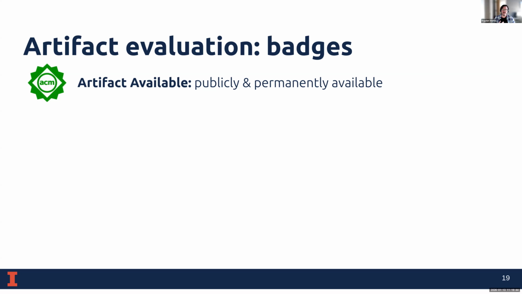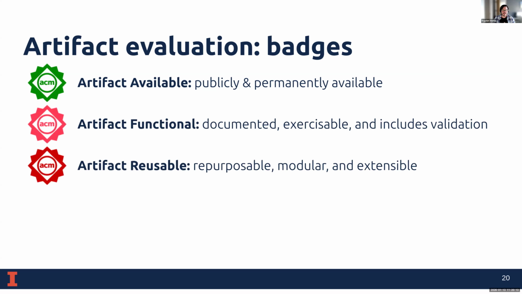There might be variations between conferences, but originally there were a few badges. If you publish your artifact on a permanent hosting service, you get what is called the artifact available badge, meaning that anybody can access your artifact, and that it would be stored permanently and persistently in the ACM digital library. And then you have badges for whether or not your artifact is usable.